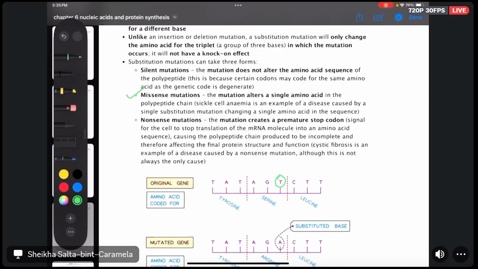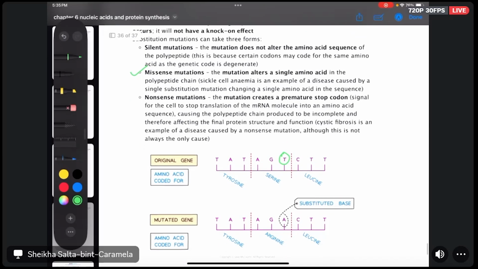And then nonsense mutations are mutations that create a premature stop codon. So a stop codon may come in after, say, six amino acids. If there's a substitution and this creates a stop codon at maybe the third amino acid, then the mRNA molecule will be synthesized only up to the third amino acid, which will cause the polypeptide chain synthesized to be shortened.